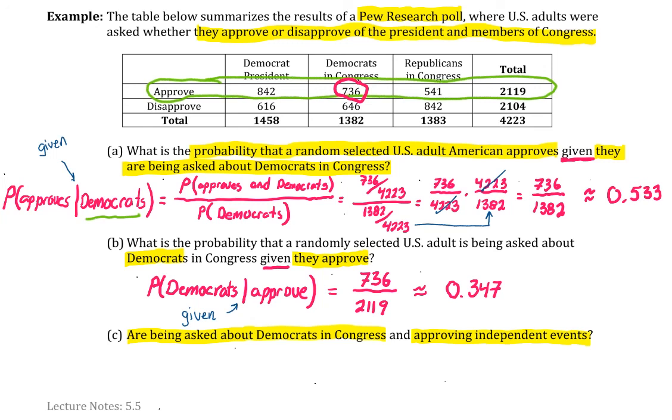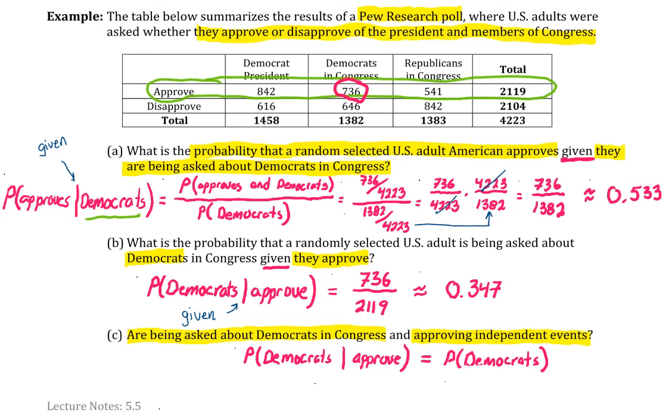We can test this by asking if the probability of being asked about Democrats, given that they approve, is equal to the probability of being asked about Democrats. If these are equal, then knowing that the adult approves will provide no useful information about being asked about Democrats in Congress.